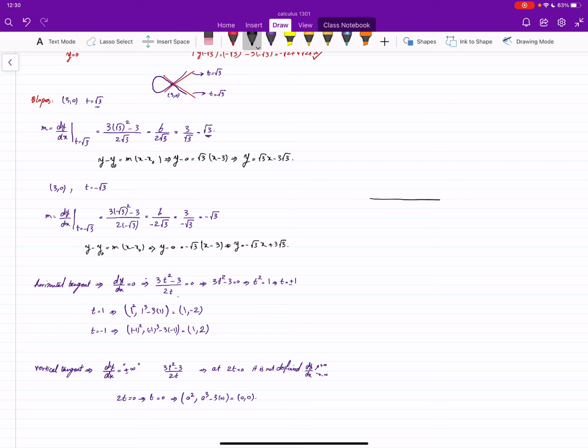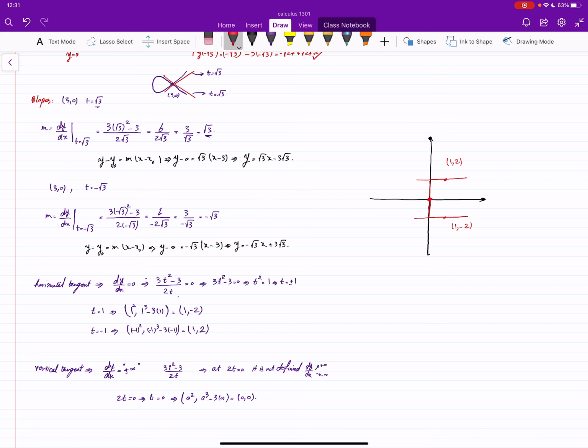So this curve is going to pass through at least these 4 points: 0, 0, where the tangent line is vertical, and 1, 2 and 1, negative 2, where the tangent line is horizontal.